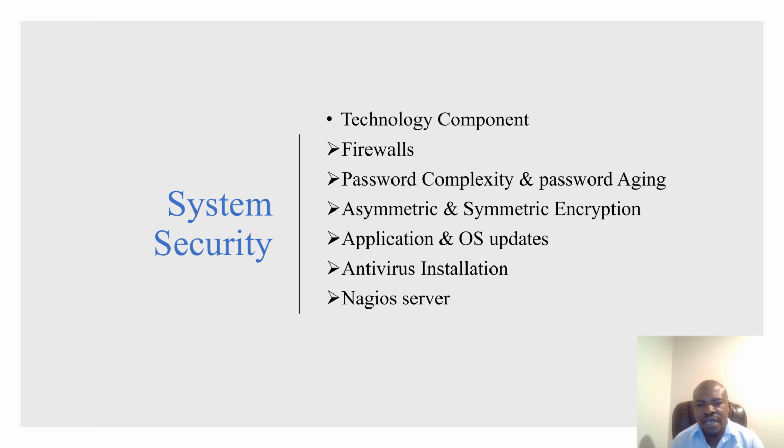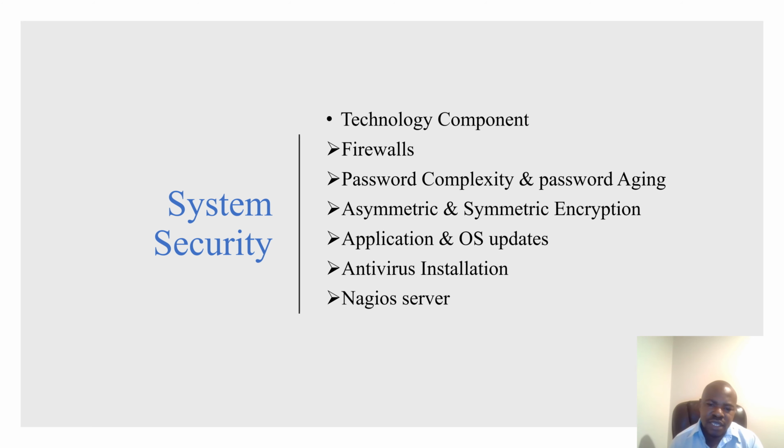And then there would be asymmetric and symmetric encryption to encode the network itself and also to encipher the information or data that is being transmitted. Then there will be regular updates of applications and the operating systems to ensure that they are up to date and secure.